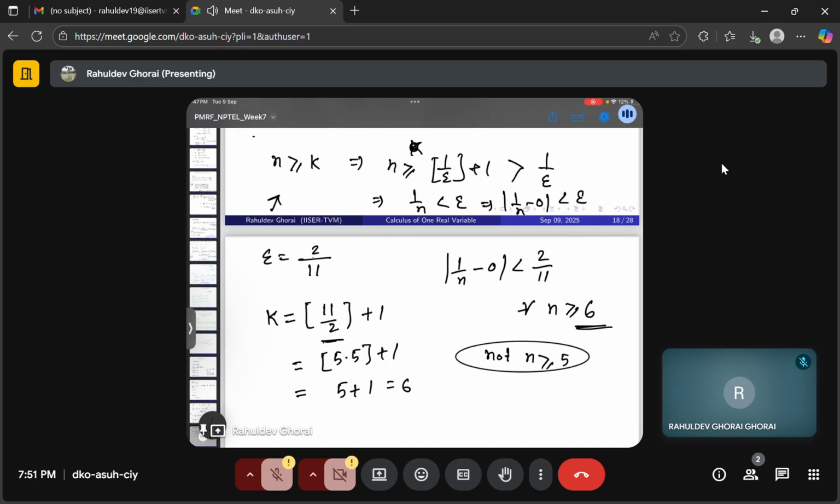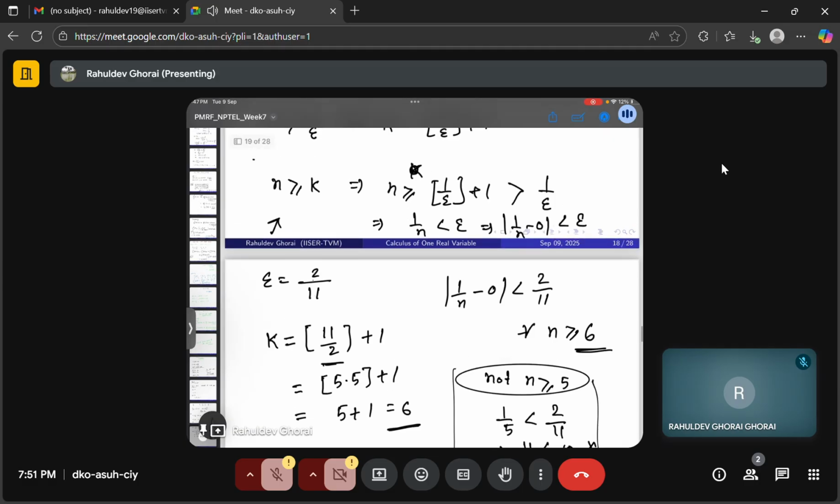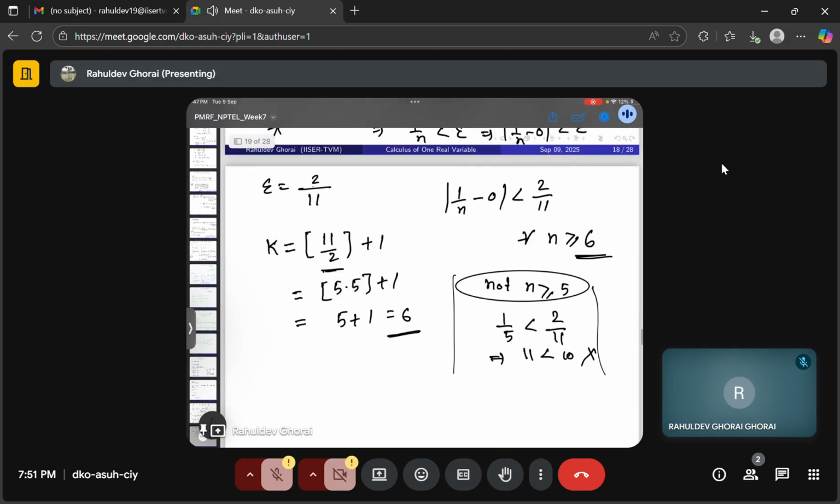So that's why the plus 1 was needed. Because if n is equal to 5, 1 by 5 has to be less than 2 by 11, and that implies 11 less than 10, which is not valid. So that's why I was always taking that plus 1. You can also understand that, I guess.